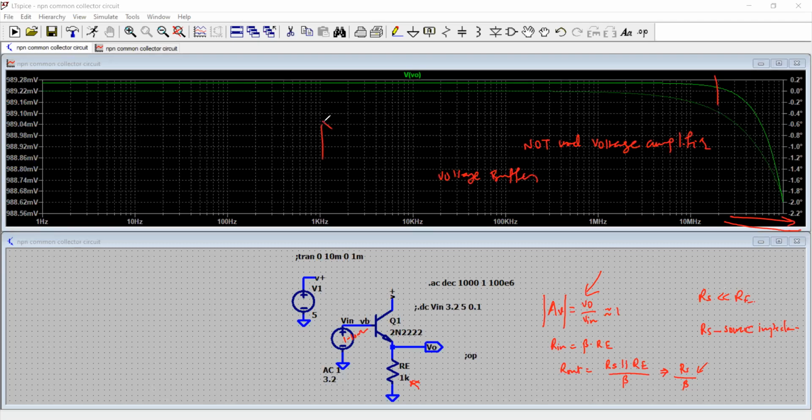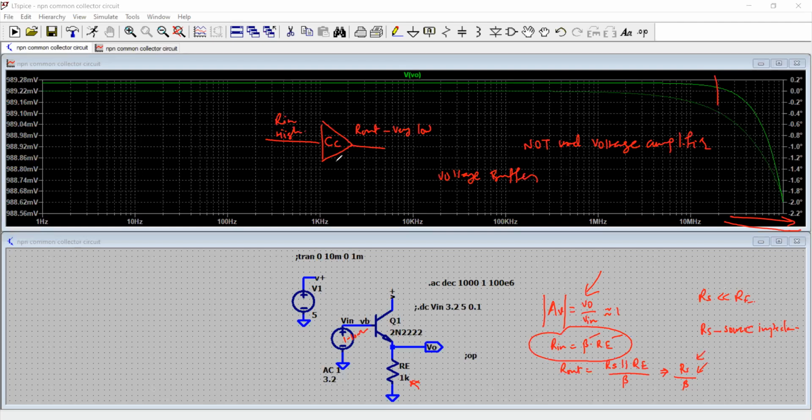So here is your voltage buffer, common collector, where R out is very low, given by this expression, and R in is very high, given by this expression. Beta is 200, RE is 1K. So you can see that it's about 2000 kilo, so 2 mega ohm right here.